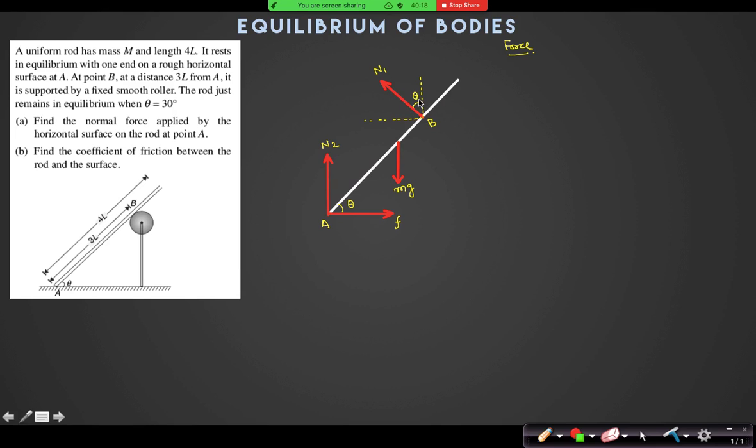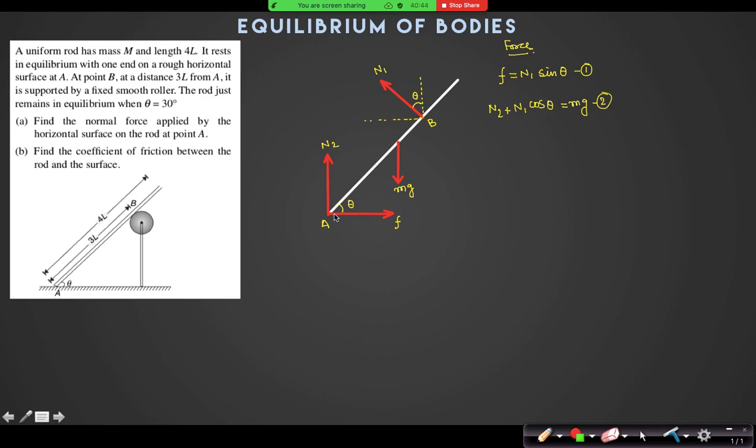N1 sin theta is equal to F. One equation. And the second equation is N2 plus N1 cos theta is equal to mg.